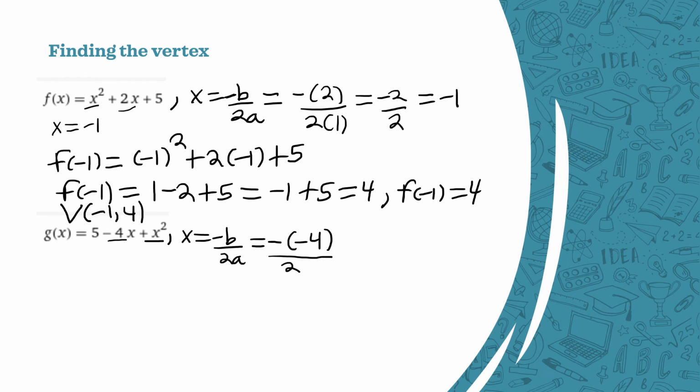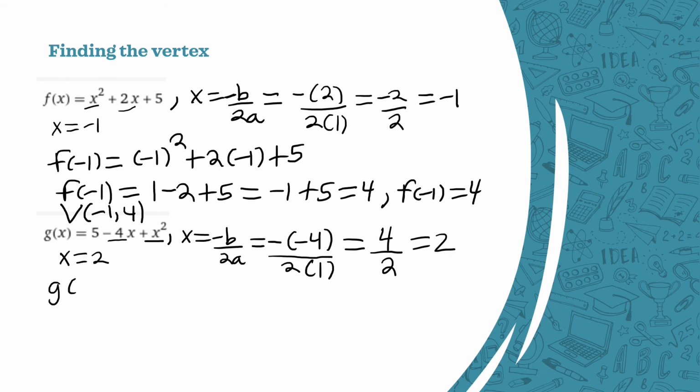The x squared term. It's 1 there, even though it's invisible, it's still a 1. Negative 1 times negative 4 is positive 4. 2 times 1 is 2. 4 divided by 2 equals 2. So x equals 2.